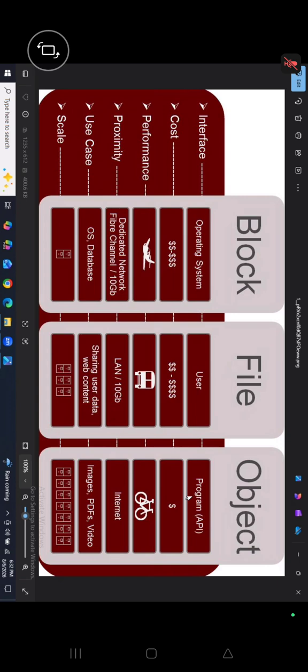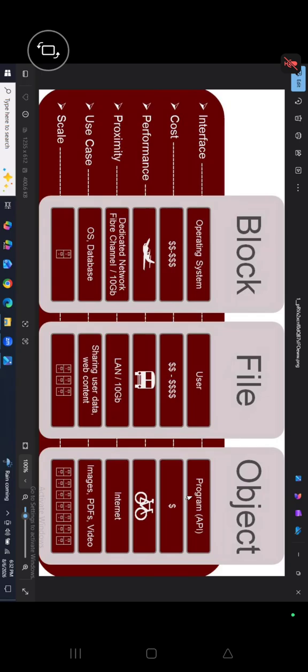If the 15 GB is full, we can purchase more object storage. They increase it, and we have to pay. So 15 to 20, 20 to 25, 25 to 30, 50, like this, we can scale according to our requirement, according to our data, right? So I hope you got it, guys.